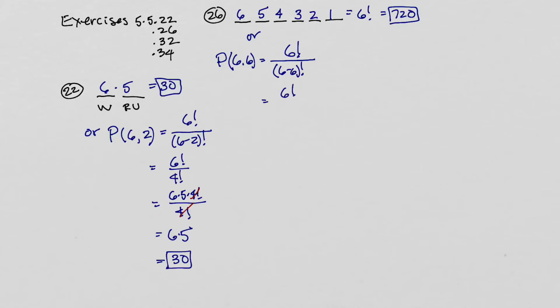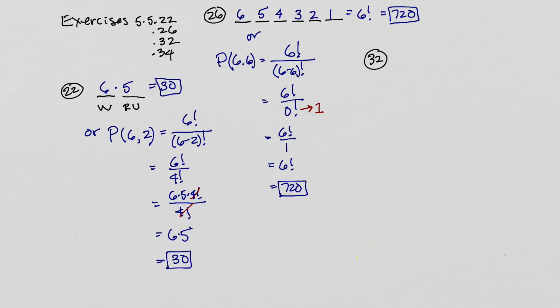This becomes 6 factorial over 0 factorial, and we need to realize that 0 factorial is 1. So we have 6 factorial over 1, which is 6 factorial, just what we got using the multiplication principle. Either way, we end up with 720 ways to arrange those 6 people in a line.